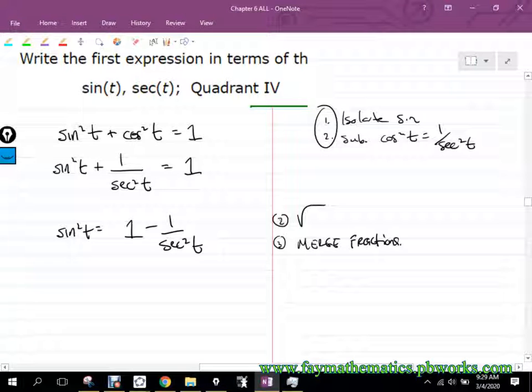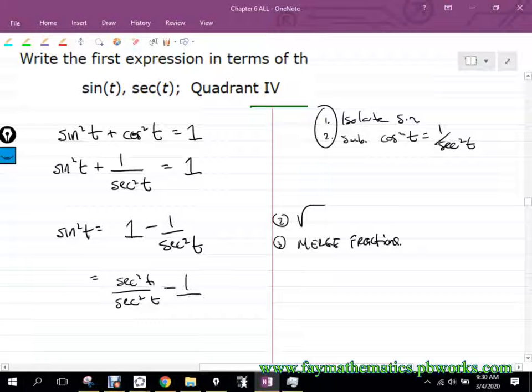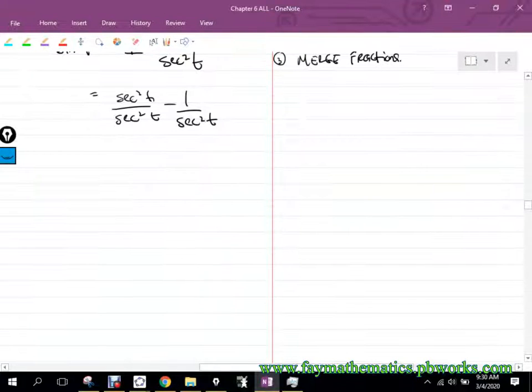Which one do we do first? If I'm going to merge fractions, what do I need? Common denominator. So the common denominator is going to be secant squared, so it's going to be secant squared over secant squared. That's my 1, minus 1 over secant squared. Okay, that's what sine squared is equal to.